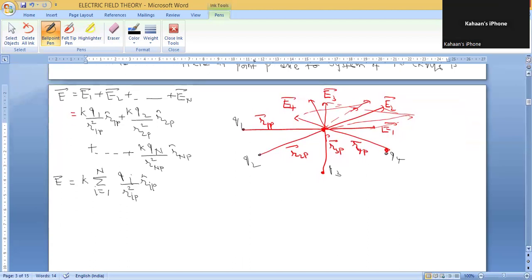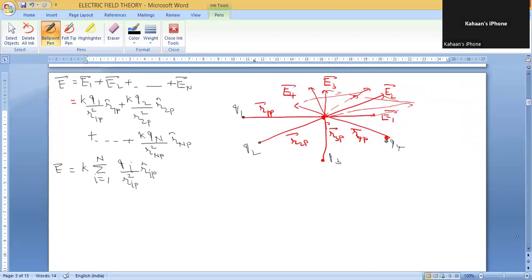Now we write in terms of position vector.